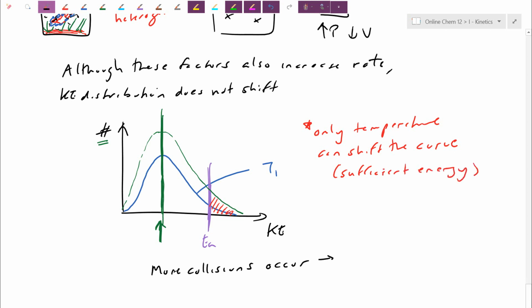You want to link it back to, because I have more collisions, there's going to be a better chance of the good geometry, favorable geometry. So if one collision doesn't have the right geometry, well, another one's coming right away, and when that collision happens, there's a better chance of some of these fast-moving particles. It's only if it's fast-moving and fast-moving that actually collide together, well, there's more particles that have that fast speed, so therefore, the reaction is quicker.